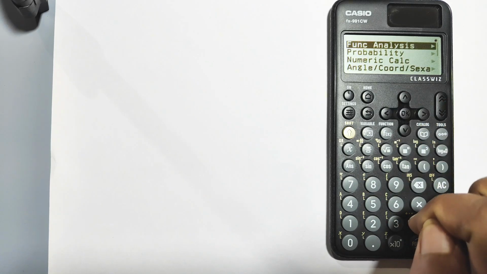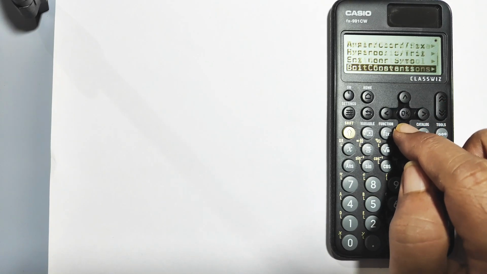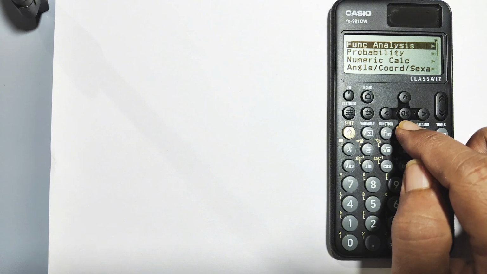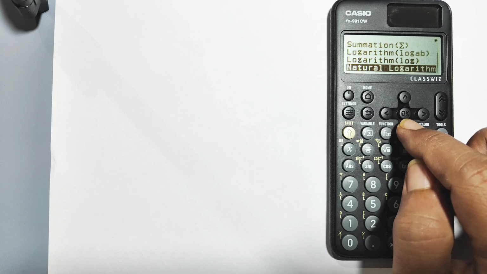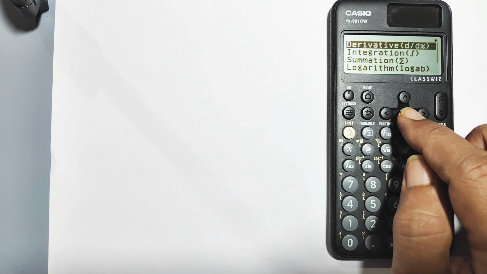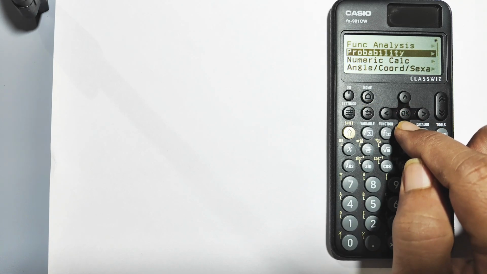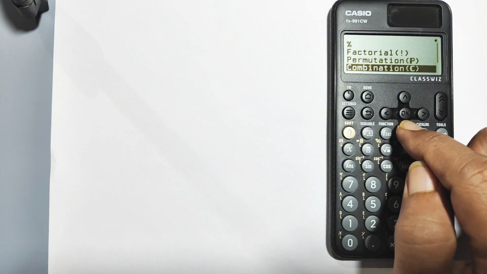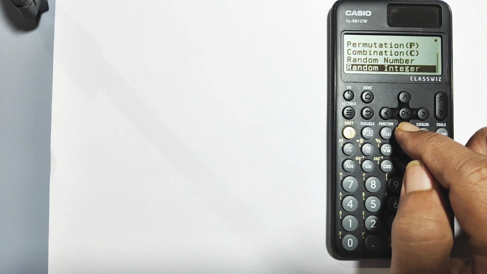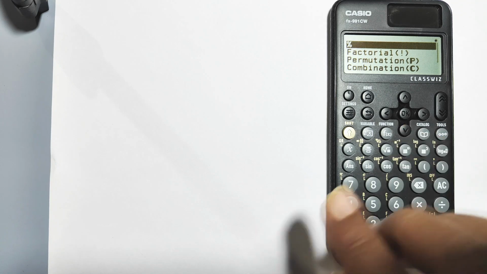Now you press the catalog, you will get all possible options like this. Function analysis. In function analysis, you have derivative, integration, summation, logarithm, natural logarithm, and all. So if you go into probability, you have percentage, factorial, permutation, combination, random number generation, random integer generation, and all.